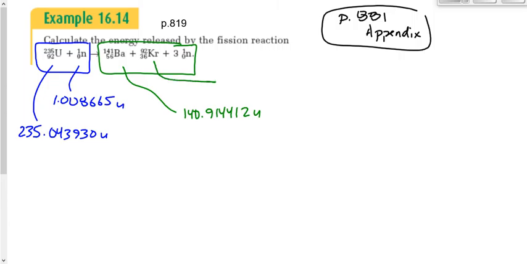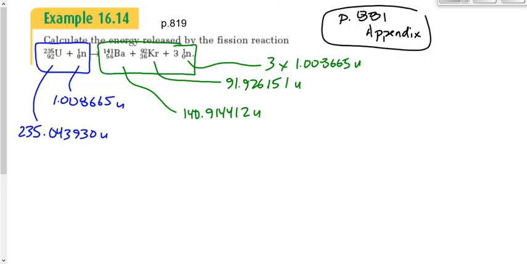Krypton-92 has a mass, again, from that sheet, of 91.926151 atomic mass units. And a neutron, well, there's 3 of them, so it's 3 times 1.008665 atomic mass units. In order to get the energy released, you need the mass defect.